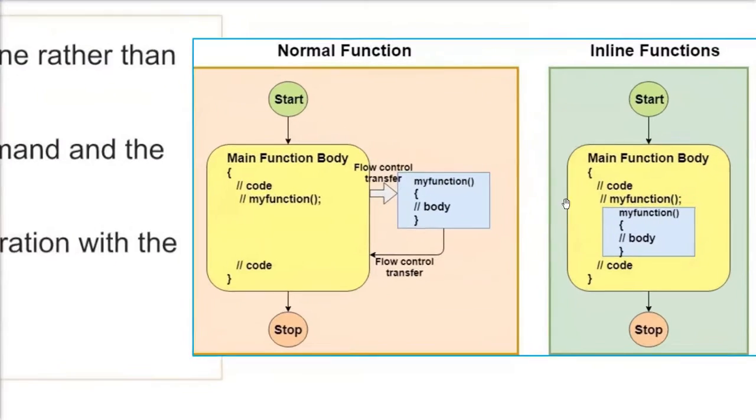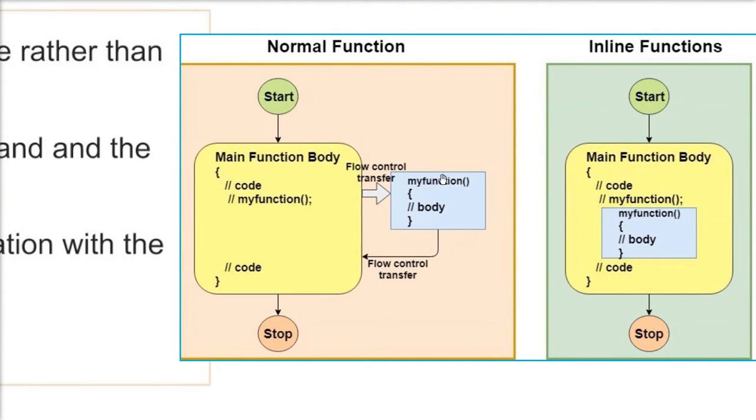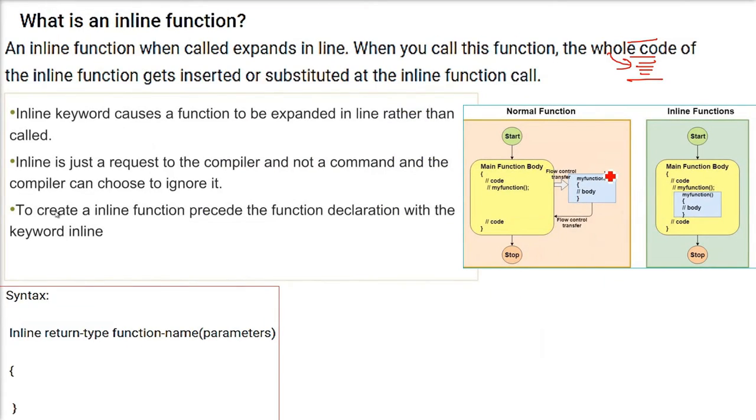But before that, let me just show you, this is a normal function. When you are calling a normal function, the control will go to the function being called, and the control will pass on through that function, and finally that control will come back again to the main function. Okay? In inline, this will not happen.